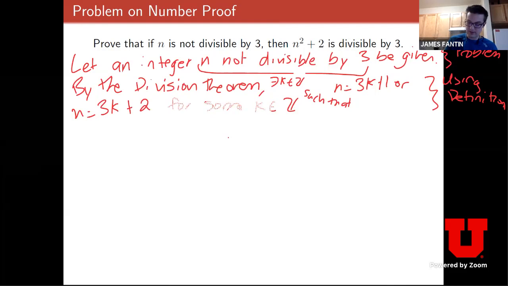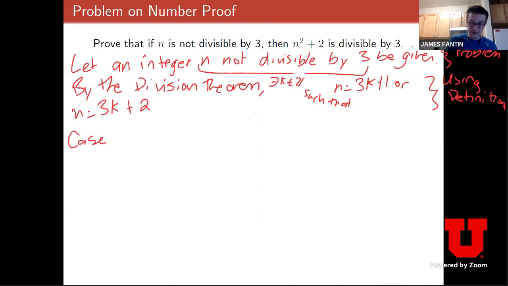It's perfectly fine to put for some integer k as well, but that would be another way to write it in symbolic form. And the for all n is implicitly implied by saying that we are given some unknown integer. By being given an unknown integer, we're proving it for all n. Great questions.